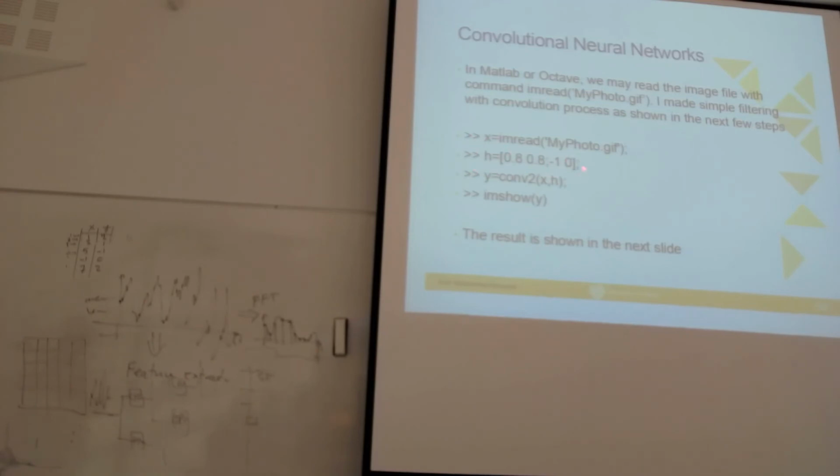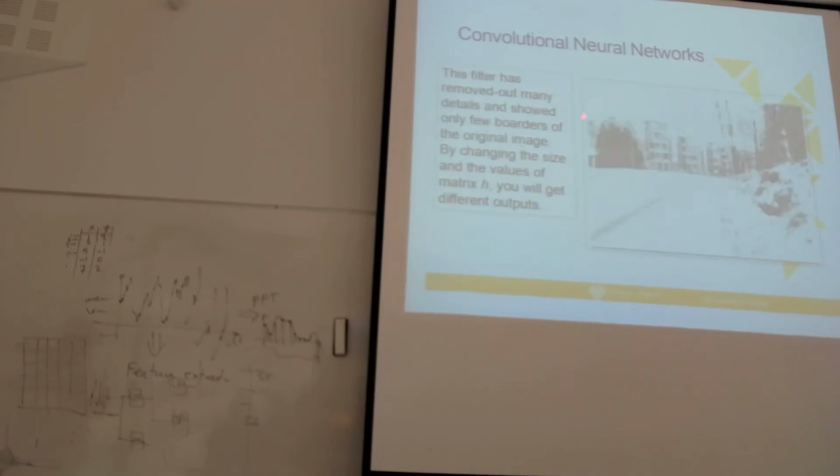This is the filter characteristic, or the impulse response. Then you make the convolution. In MATLAB or Octave it is called conv2, where 2 means 2 dimensions. X is the input with h, and the output is y. Then I made an image show for y, and this was the output.